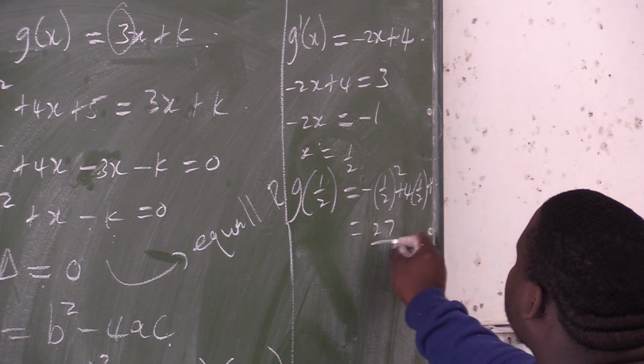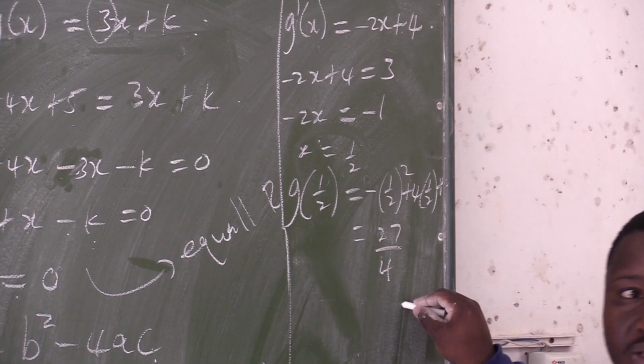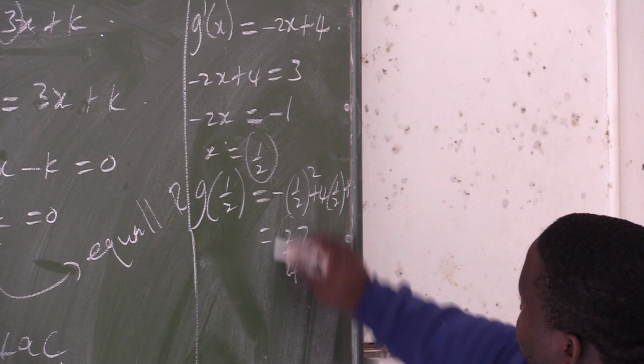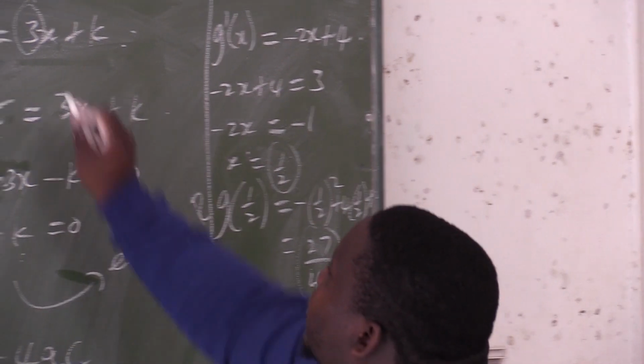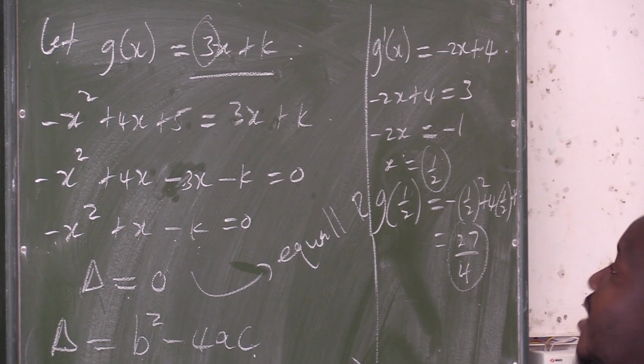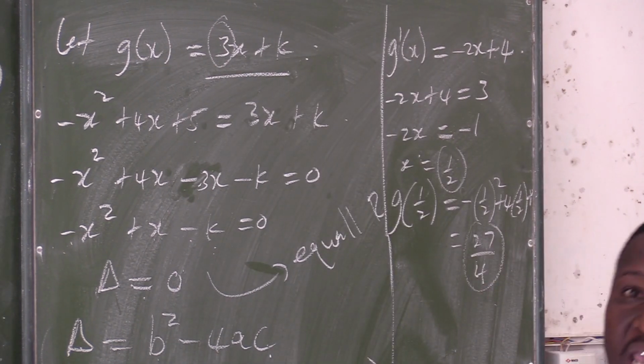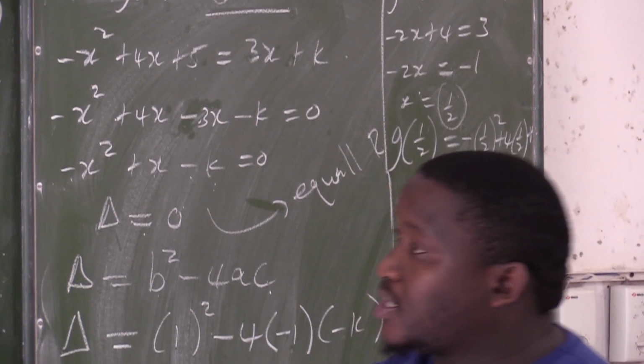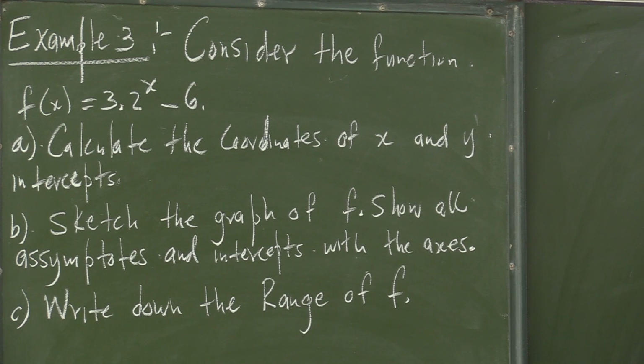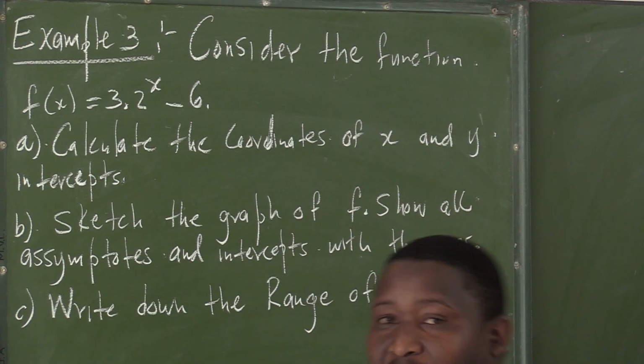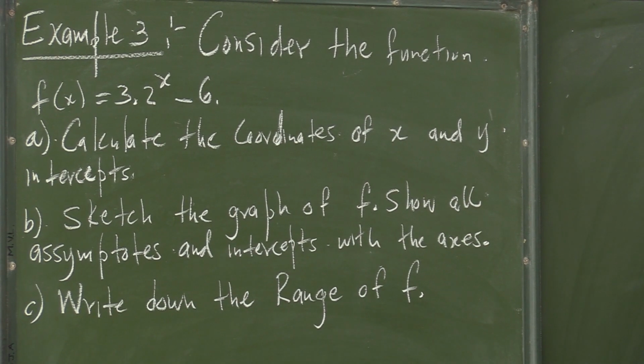And this will give us 27 over 4. Now you have a point. Then you can take this point and substitute it into that line. Then this will give you the value of k. You will still get the same value of k there.